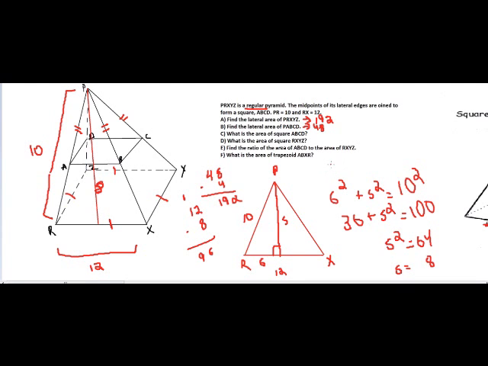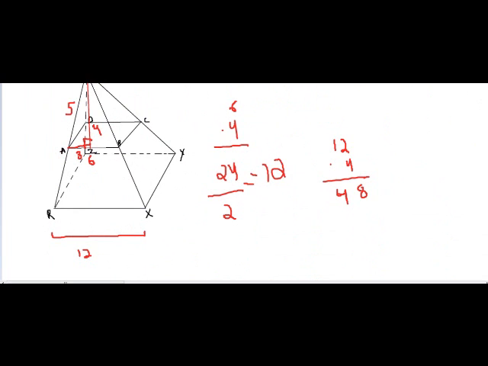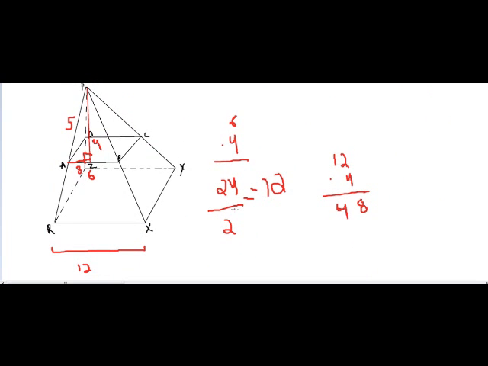Let's see if we can fit in C really quickly. What is the area of square ABCD? We said AB is equal to 6, and the area of a square is just the length squared. So 6 squared is equal to 36. So the answer to this question is 36. And then similarly, what is the area of RXYZ?